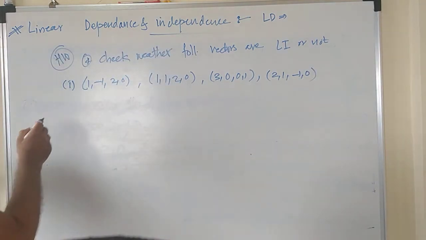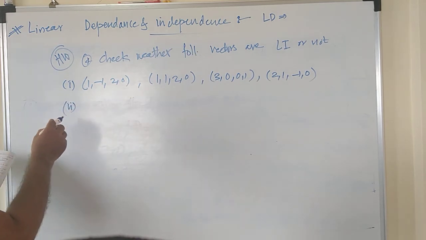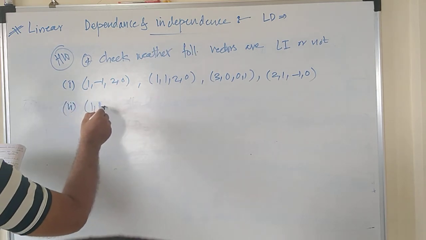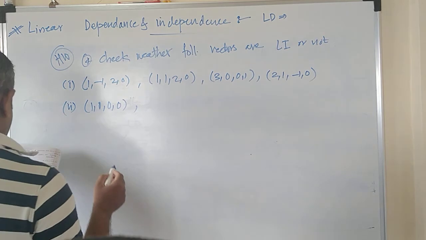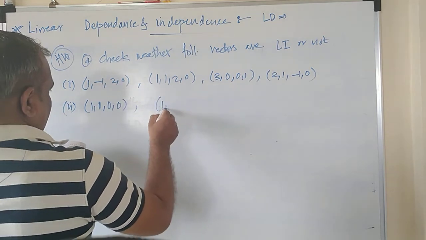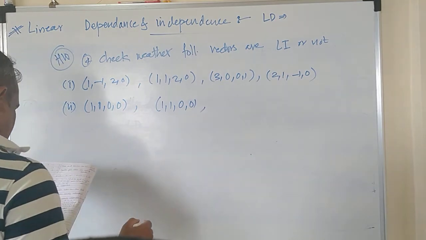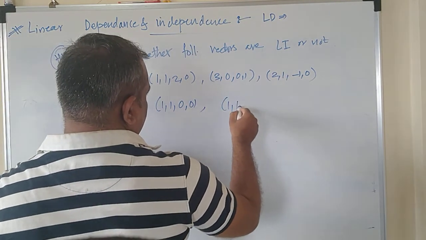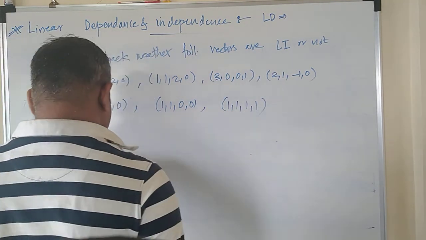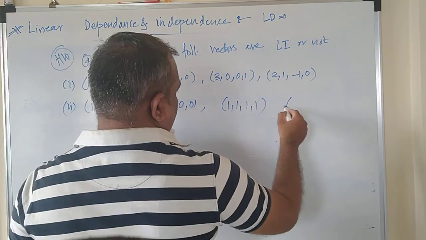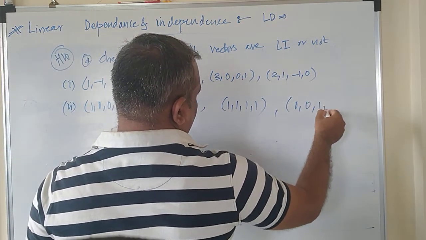Second is 1, 0, 0, 0. Then 1, 1, 0, 0. And the fourth is 0, 0, 1, 1.